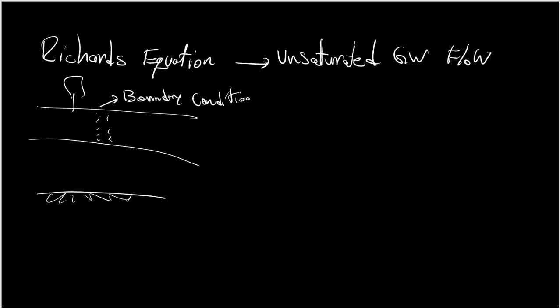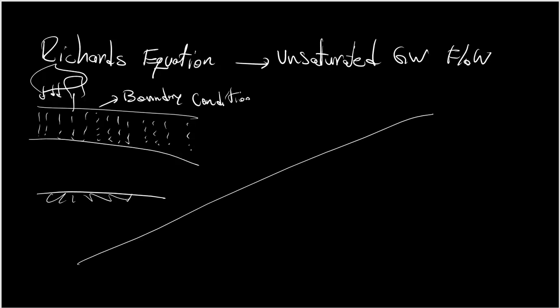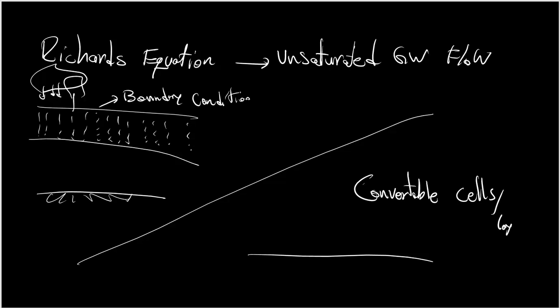Technically we are looking at how the rainfall or surface recharge gets into the groundwater table. We are not talking about this, but there are some packages that can take care of this type of flow. And the other thing was the convertible cells or layers concept.